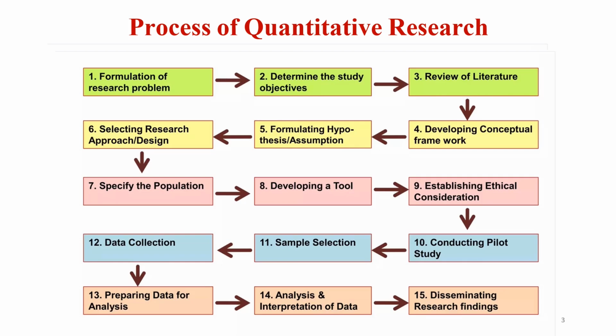Up to 5% error is acceptable as far as social science research is concerned.